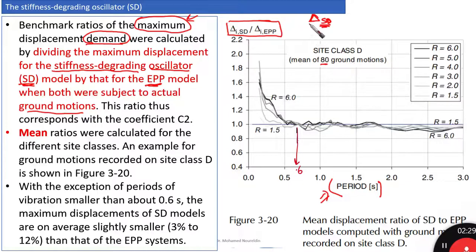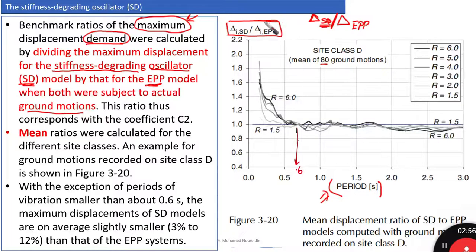So we are going to represent the mean of 80 ground motions over the maximum response of a single degree freedom system using a hysteretic rule, which is EPP, elastic perfectly plastic. If you do not understand the meaning of SD and EPP, please refer to the previous videos.